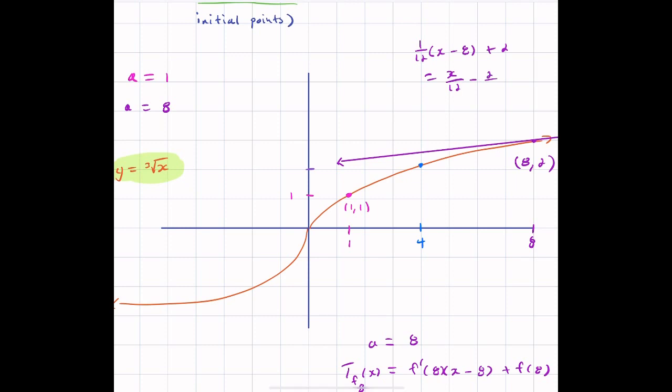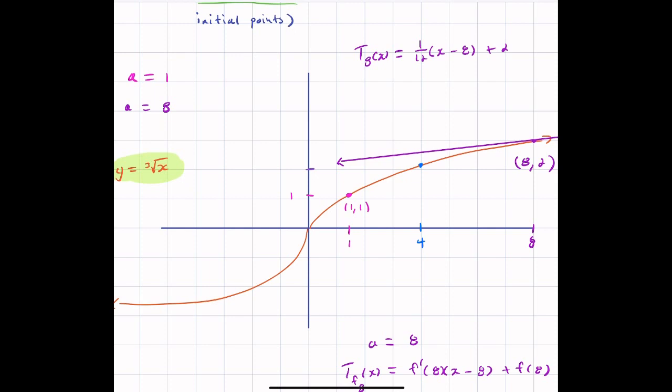It's going to be minus 2 over 3 plus 2, and 2 is of course 6 over 3. So I can add that to the minus 2 over 3 and make that x over 12 plus 4 over 3, if I want. It does not matter, though. So that's the equation of this tangent line. And so I can approximate the function by plugging 4 into this, right?